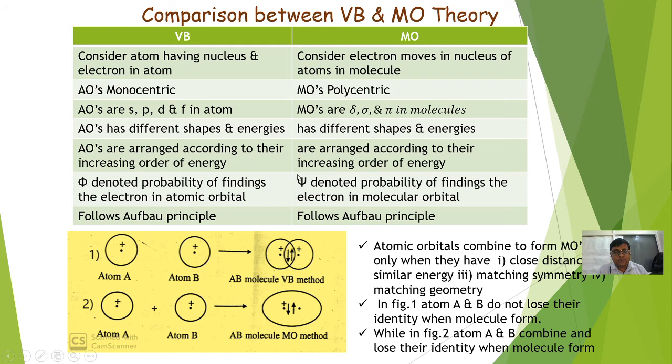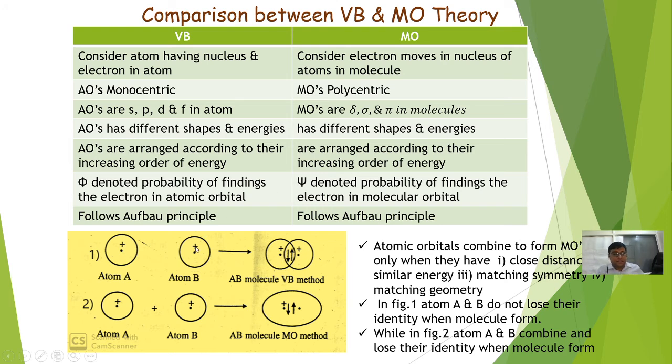Psi means the probability of finding the electron in molecular orbitals. Both valence bond and molecular orbital theory follow the same principles for the filling of electrons and the energy of atomic orbitals.